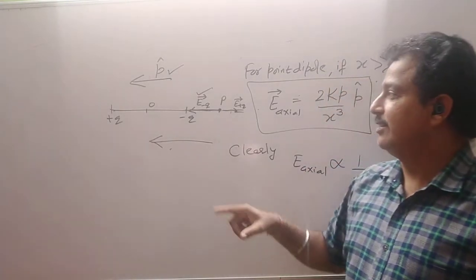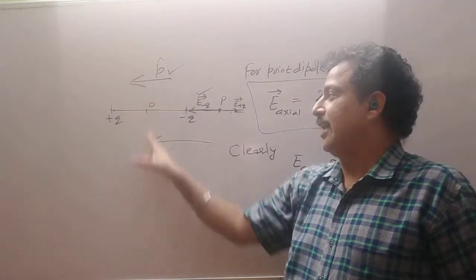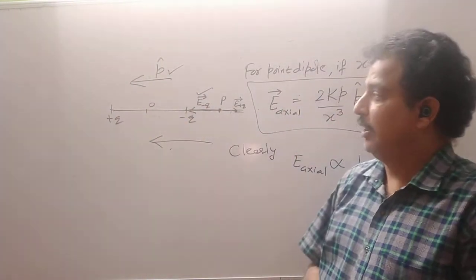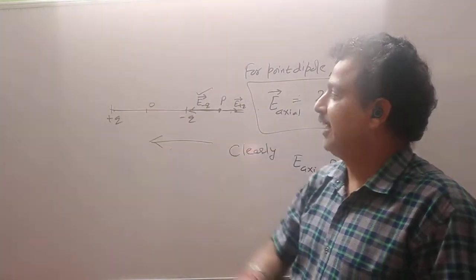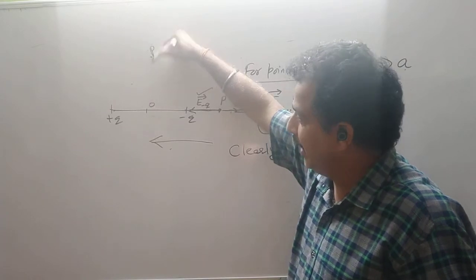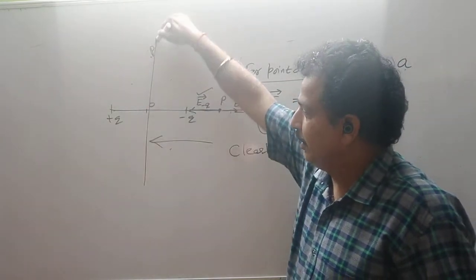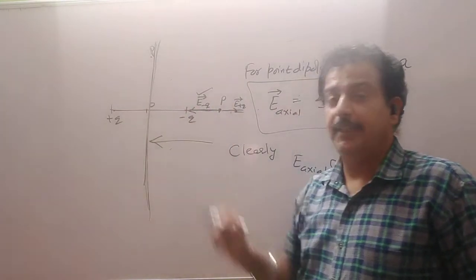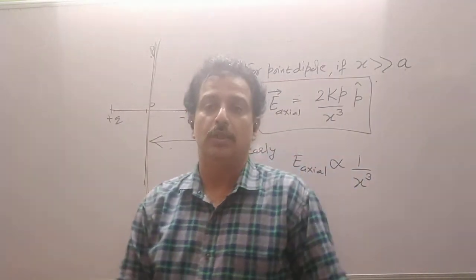Equatorial point means the perpendicular bisector of the line joining the two charges. So in the next lecture, we will take a point P on the equatorial plane, on the perpendicular bisector of the line joining the two charges.